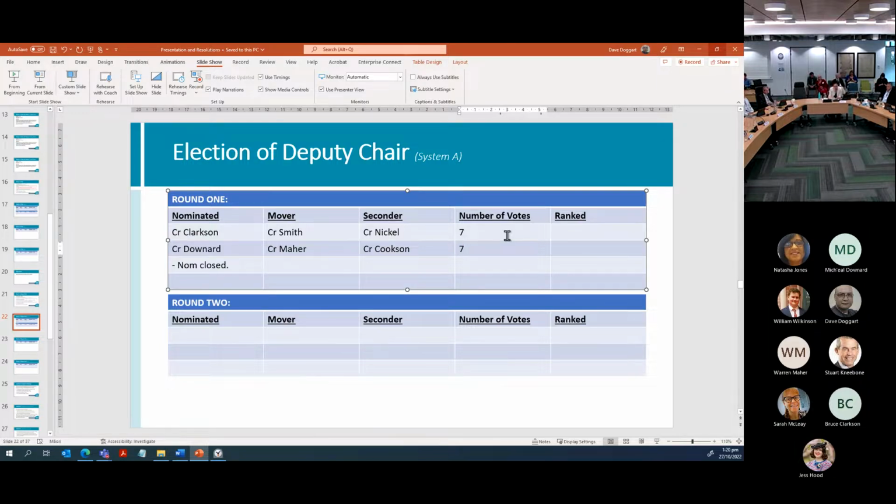Thank you. I have recorded the votes for Councillor Downard as Councillors Story, Hughes, Graf, Cookson, Downard, Mayor, and Dunbar Smith. That is 7.